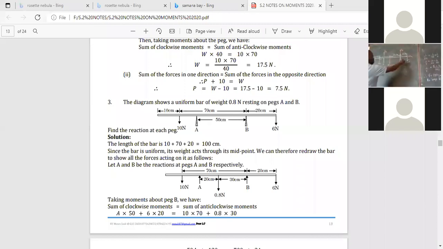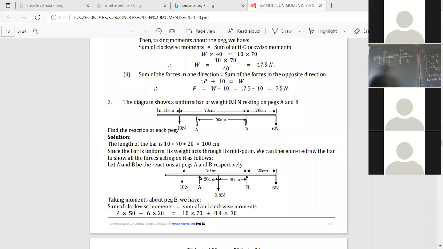Now from here to here, what centimeter mark is this one? The 20 centimeter mark. So I am labeling it, it is easier for me to label it like that. Was there any other distance that was given? There was a distance given between the pegs. What is the distance between the pegs?